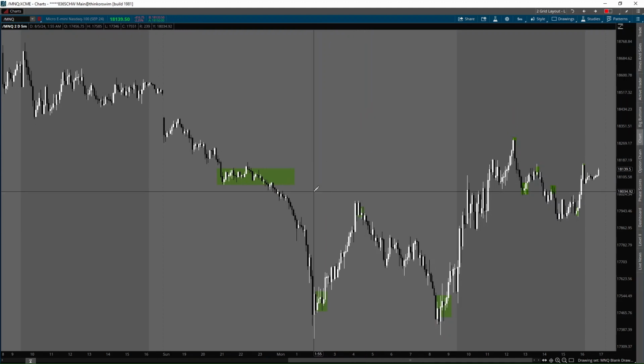Now, that doesn't mean that he doesn't put some lines on a chart and identify pivots and areas of support from a prior day and all that kind of stuff. He is. But he's a great example of someone who has identified the power of trading a naked chart. And I think that that's where everyone should start.